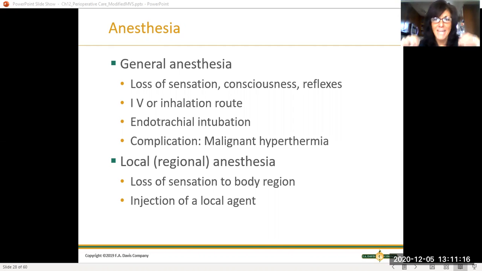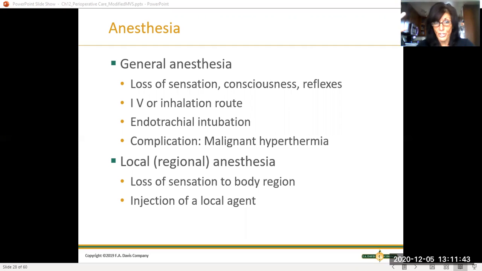Just like the word benign means harmless, but in relationship to cancer, we'll say a tumor is either malignant or benign. It's either cancerous or it's not. But those words have other meanings as well. So malignant meaning can cause fatal harm. Hyper, elevated, thermia, temperature. It's a very bad fever, but it's a little more than that. And that's one of the potential complications with general anesthesia.